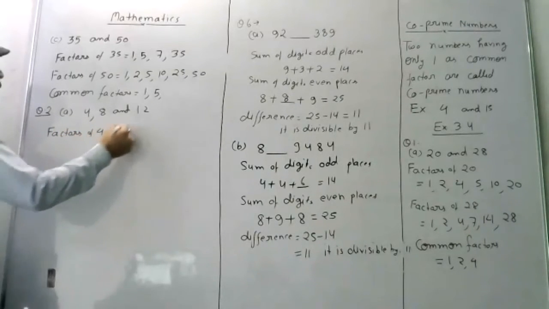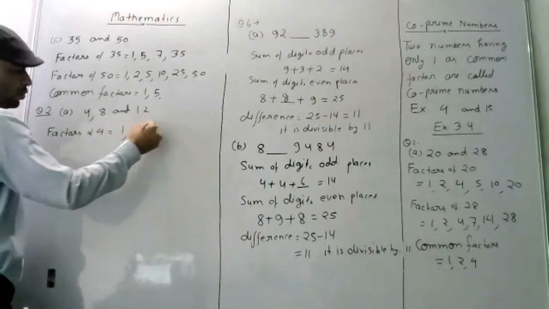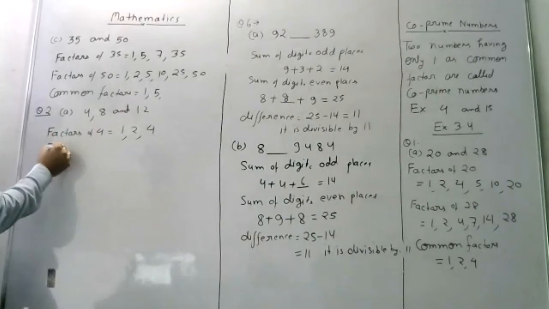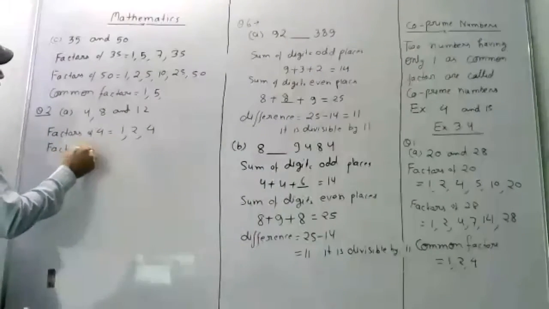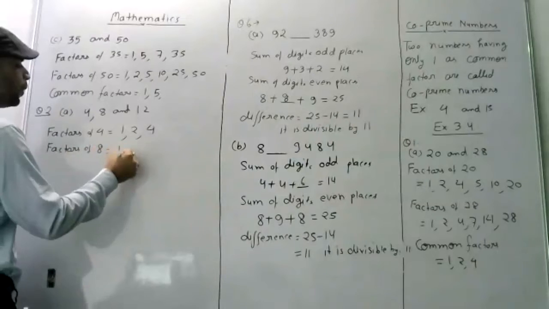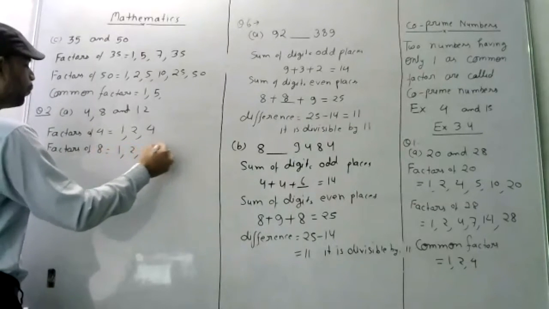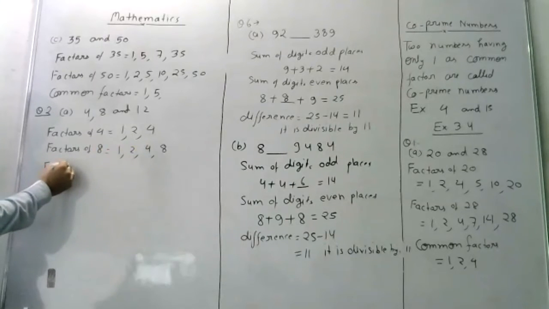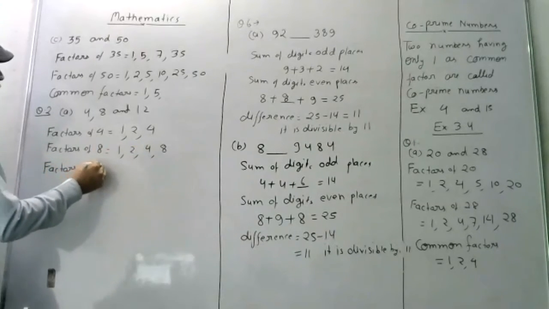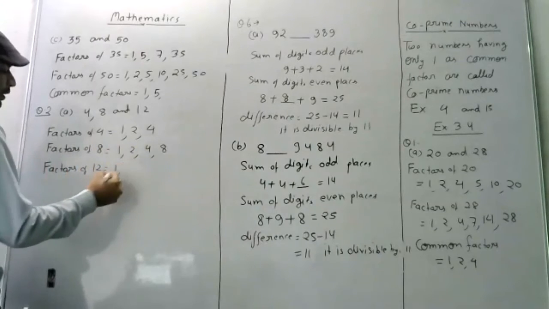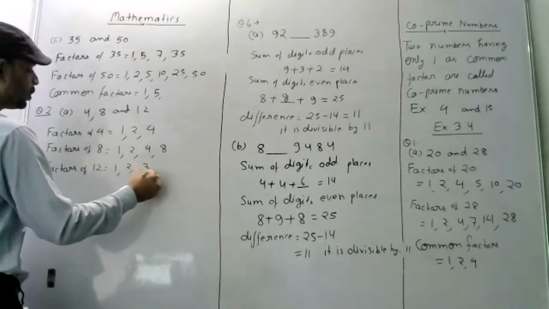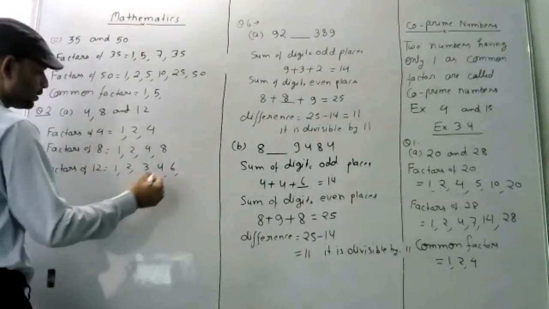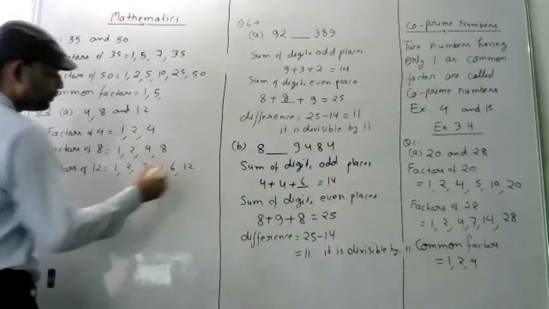4 are 1, 2 and 4. And factors of 8 are 1, 2, 4 and 8. And factors of 12 are 1, 2, 3, 4, 6 and 12.